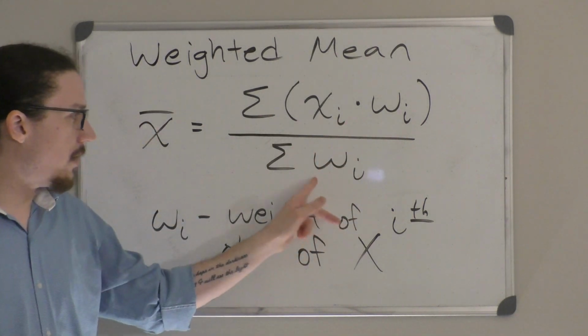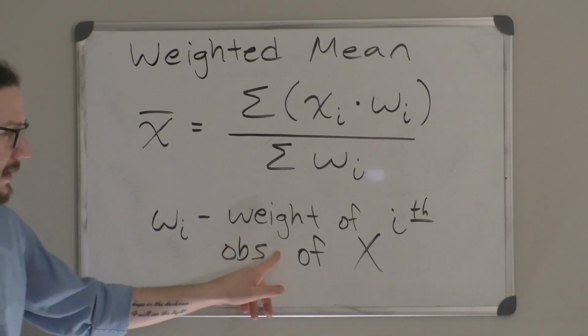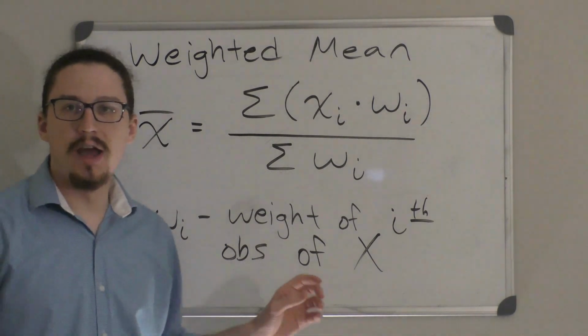So, the weighted mean is equal to the sum of xi times wi divided by the sum of wi.